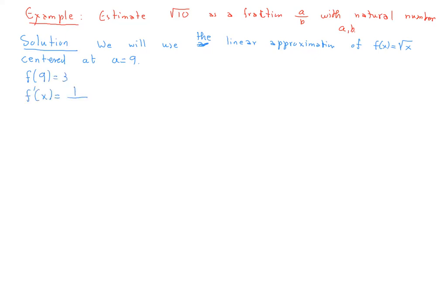The derivative is 1 over 2 square root of x, and f prime at 9 is equal to 1 over 2 times square root of 9, which is 1/6.